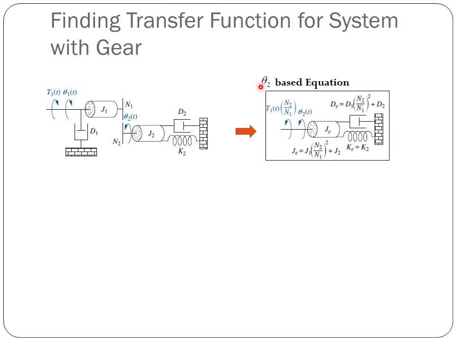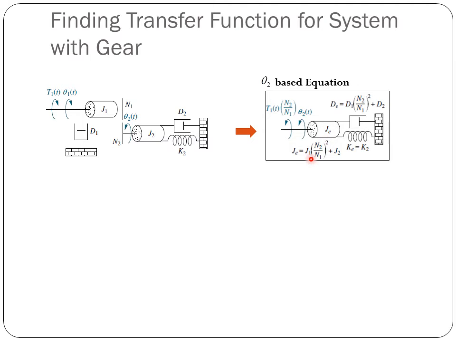So if we want to write the equation based on theta 2, we can write in this way. At first we can convert T1 into T2 by multiplying n2 by n1. You can see here T1 into n2 by n1, which is actually T2, and then we will have to transfer this inertia to the right side, and it will become like this one.